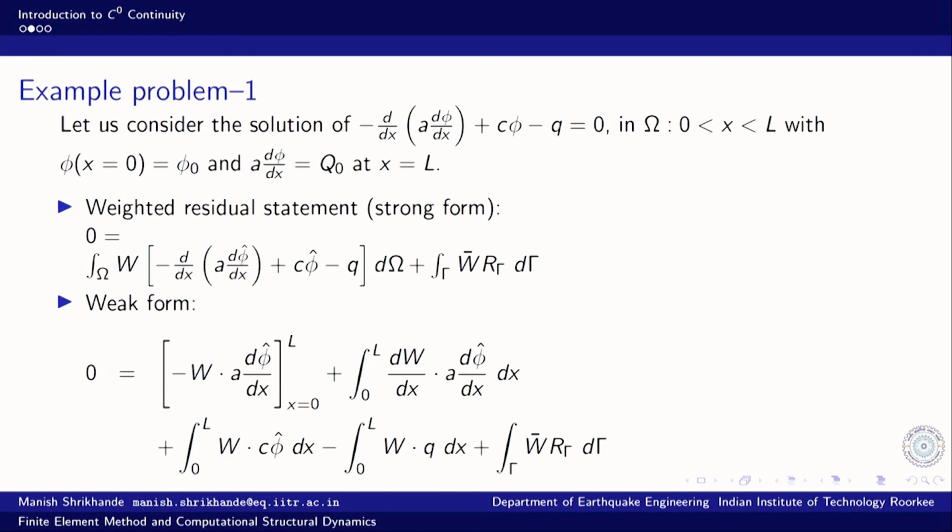We saw that the entire weighted residual statement, which is defined over the entire domain, we will now consider to be a sum of residual statements over each of the subdomains. So, we will look at this weak form over each of the subdomains. Instead of talking about 0 to L, we will talk about x1 to x2, that is, the boundaries of the individual elements.